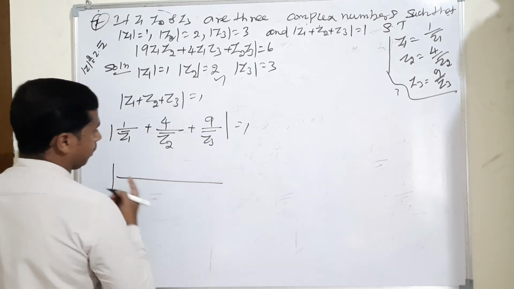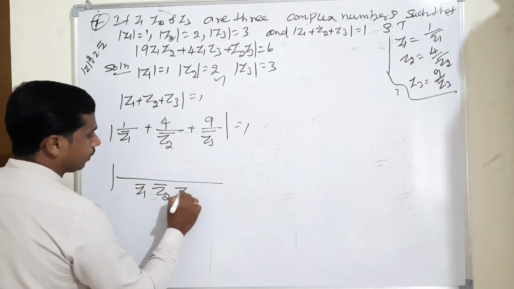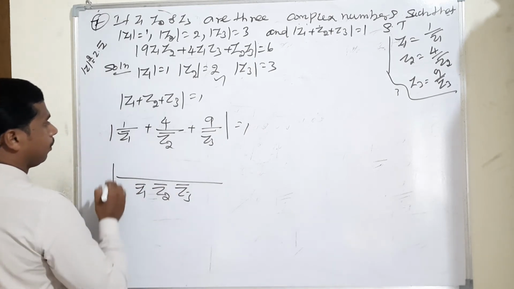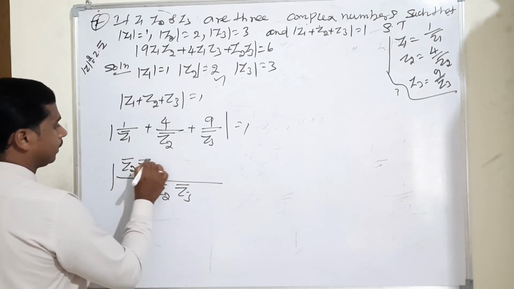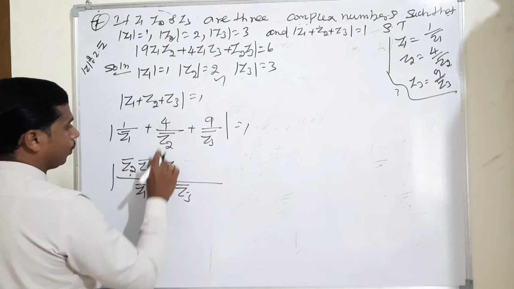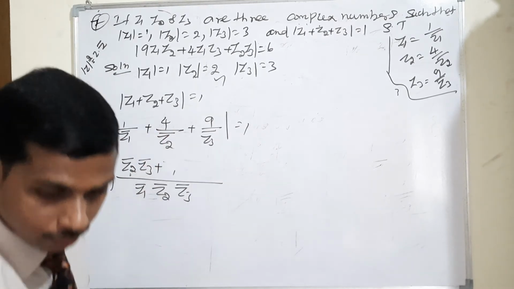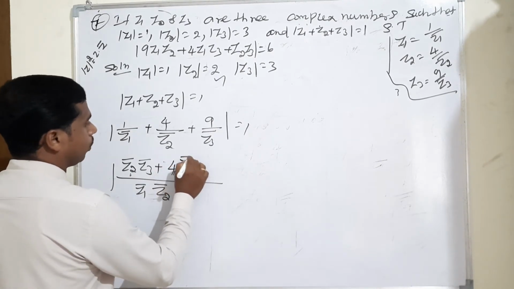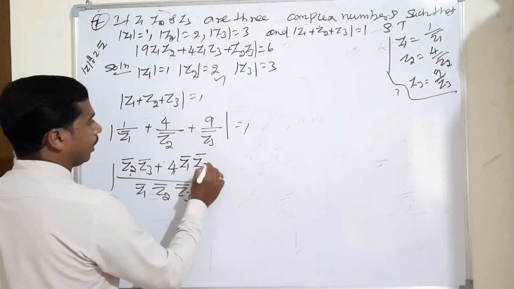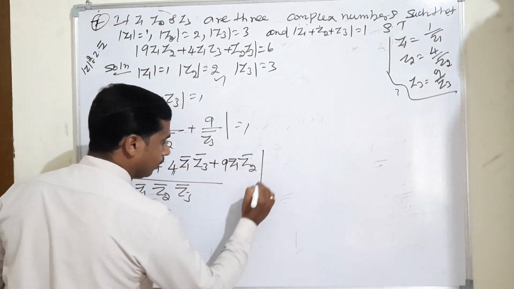Again, taking the common denominator Z1 bar Z2 bar Z3 bar, what will happen? First one Z2 bar Z3 bar, plus 4 Z1 bar Z3 bar, plus last one 9 Z1 bar Z2 bar, is equal to 1.